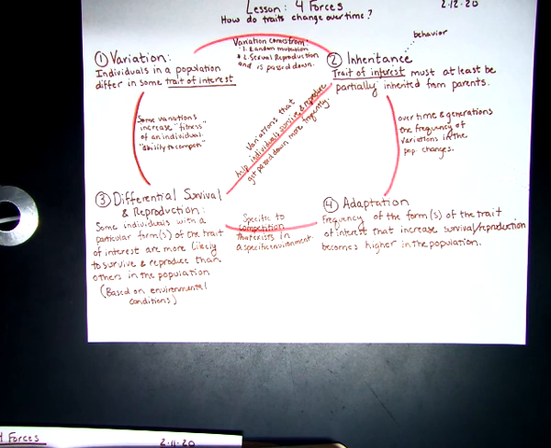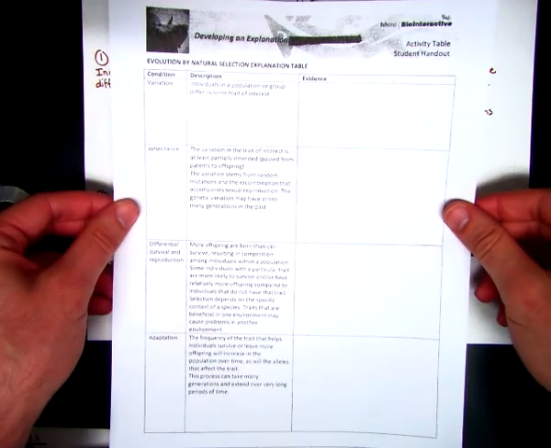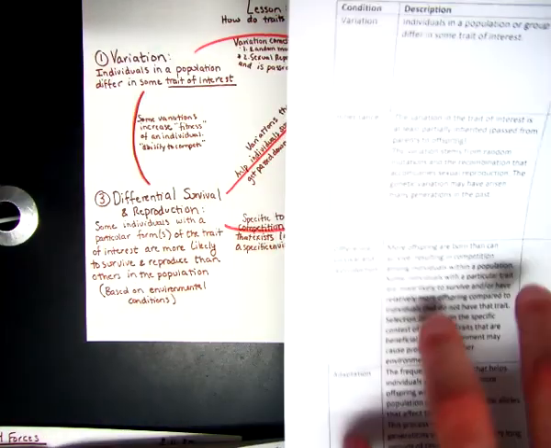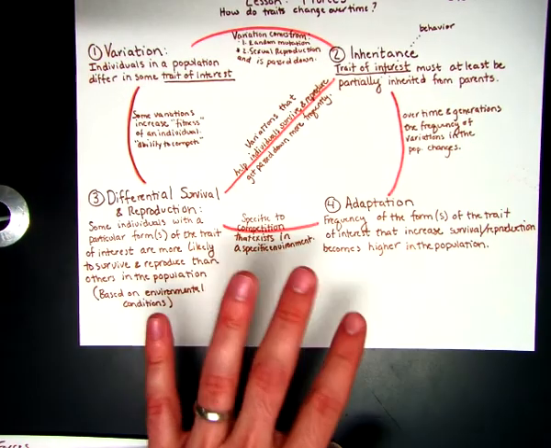So, we're going to do one more thing before we take our second break, but while you were talking, I handed out a little table, and it says, developing an explanation. Looks like this. Now, what this is, I went in and typed out a lot of the key pieces that I talked about here.